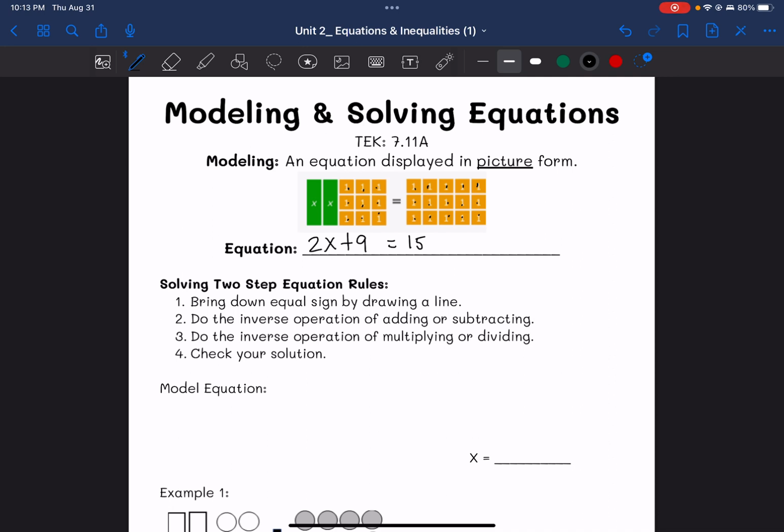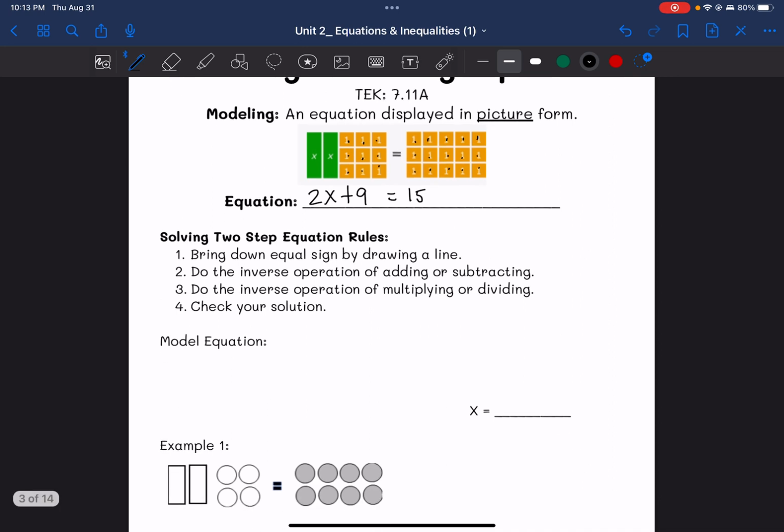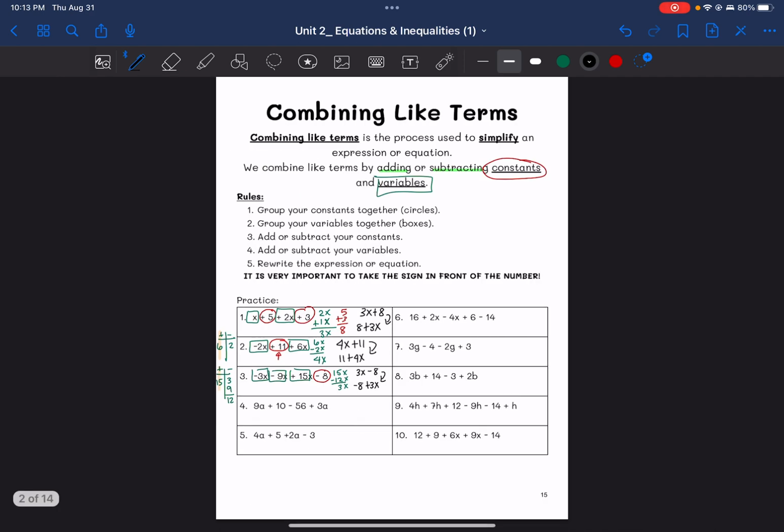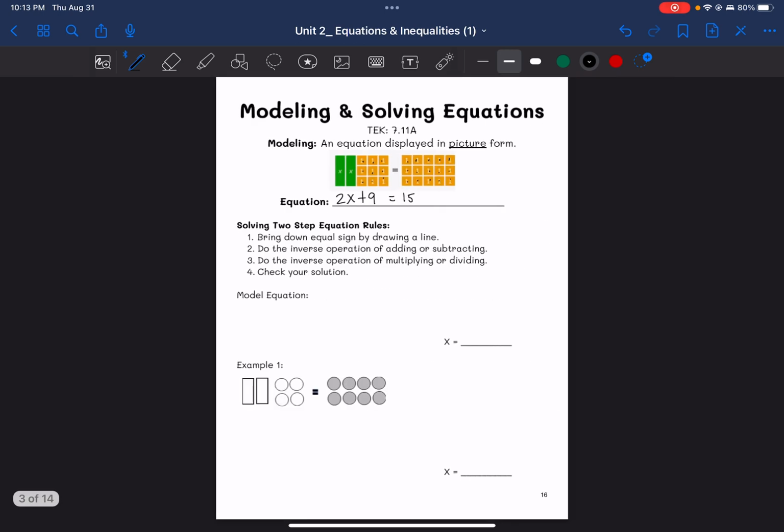All right. Now, let's go ahead and start solving equations, okay? By the way, after you finish page 15, I want you guys to go and do the combine like terms assignment, okay? Then continue on to this.